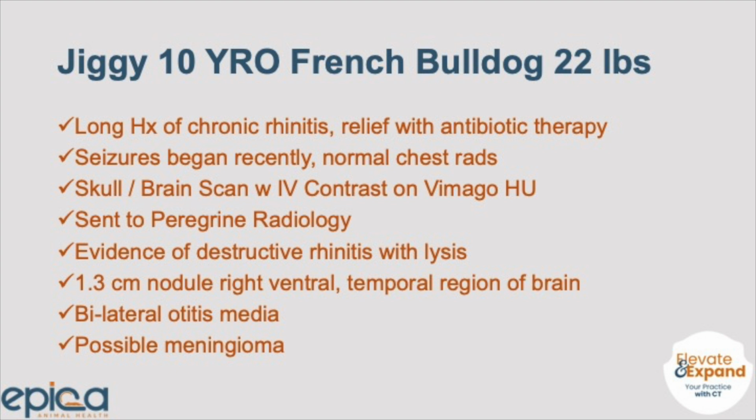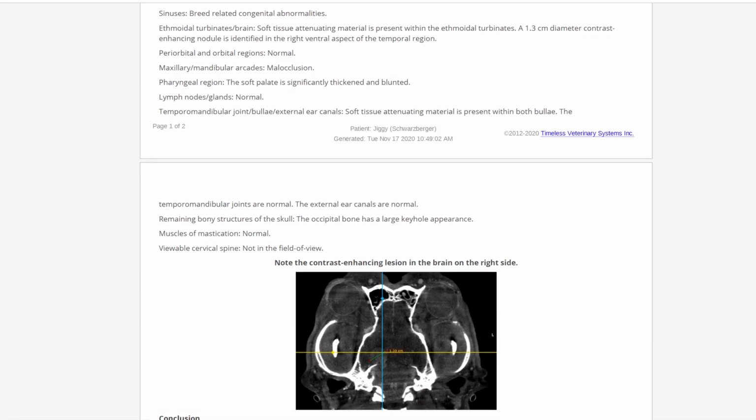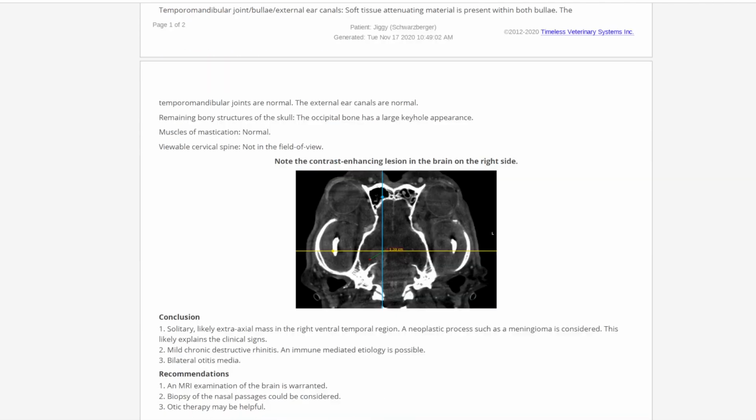The veterinarian decided to take chest radiographs, and those were normal. The veterinarian then decides, okay, let's go ahead and scan the brain just in case with their Vimago and see if there's anything to find. They sent the images away to Peregrine Radiology for review.